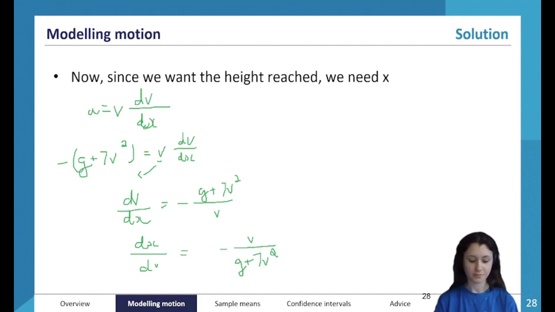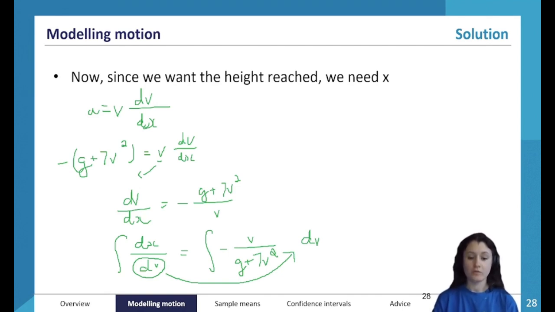Now that we've done this, we can solve this differential equation, take this dv over. So, we now have that x is equal to the integral of negative v on (g plus 7v squared) dv.